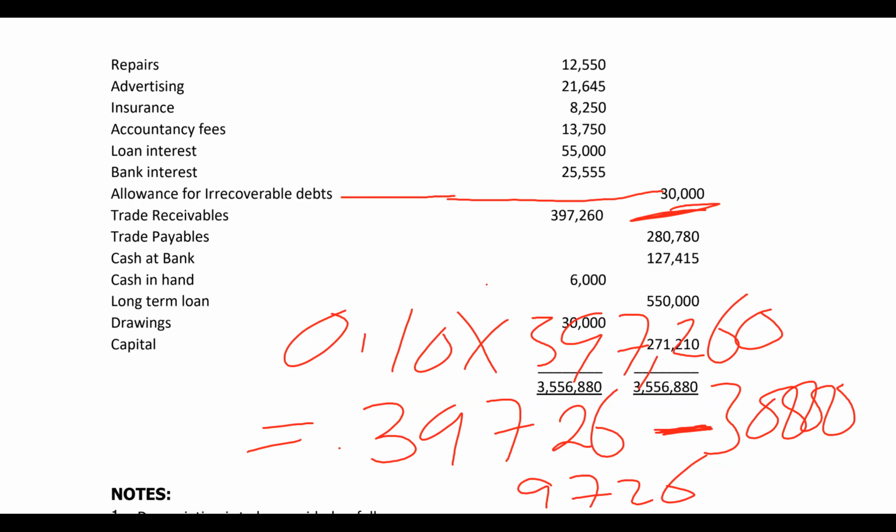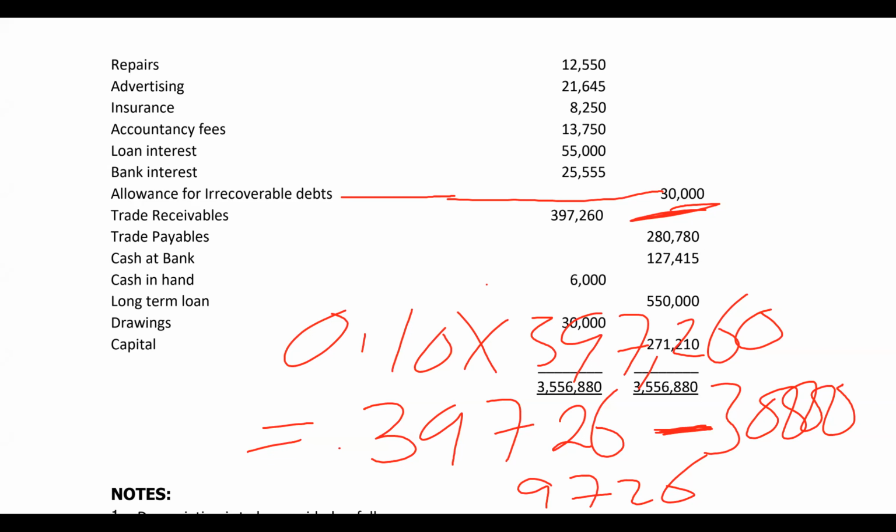When you subtract the allowance for irrecoverable debt in the trial balance from the one you have calculated, and you find the answer is positive, just know that it's an increase in allowance for irrecoverable debt. If it is an increase, please add it under expenses. It's an expense, because it is an increase in doubt.